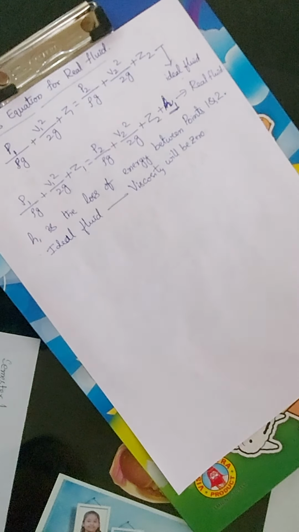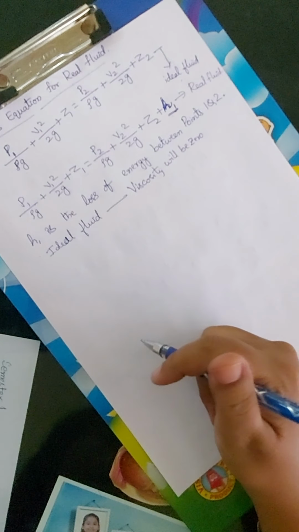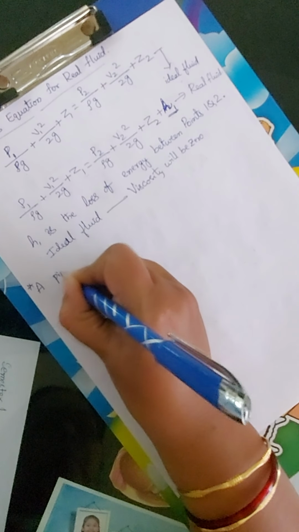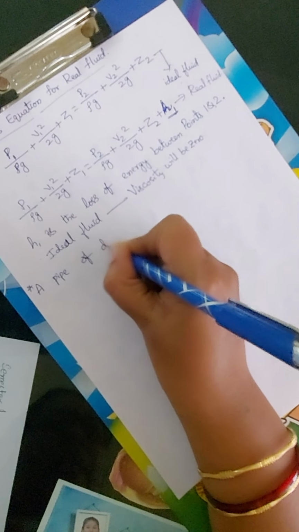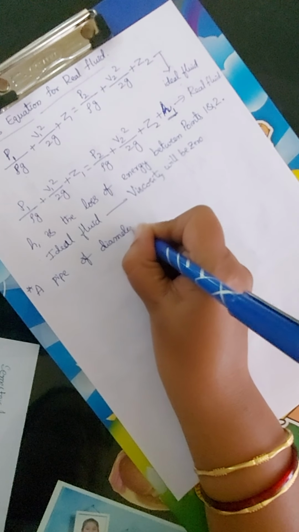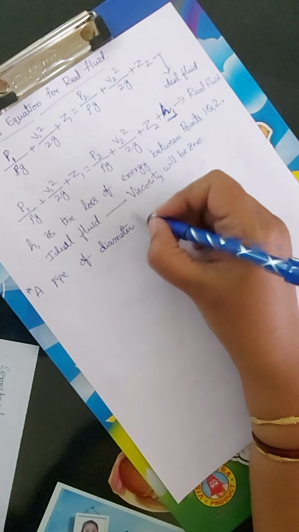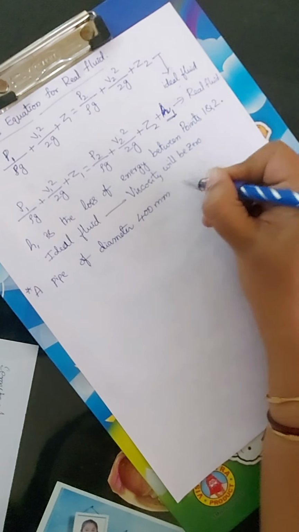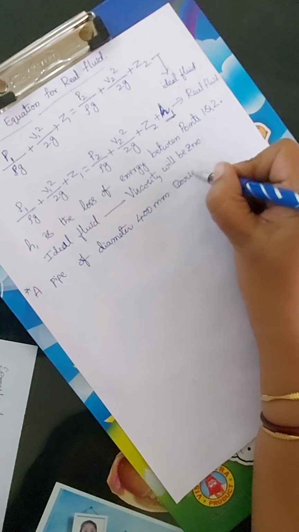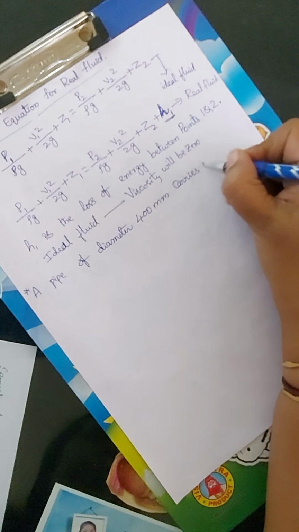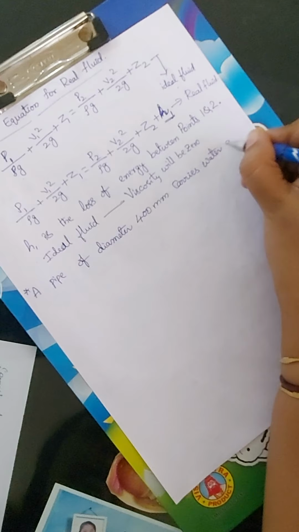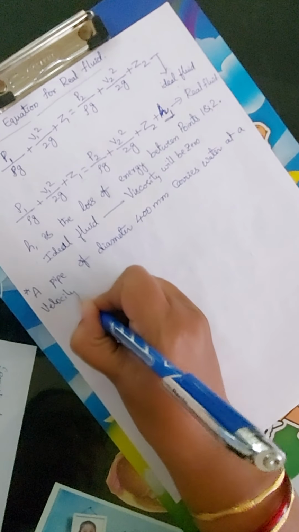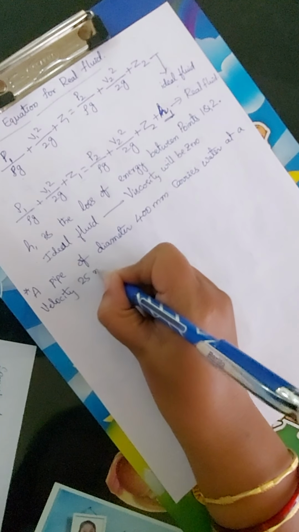Okay, so now let us look into the problem. A pipe of diameter 400 mm carries water at a velocity of 25 meters per second.